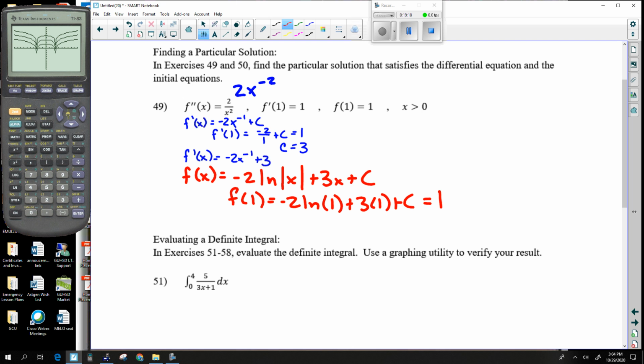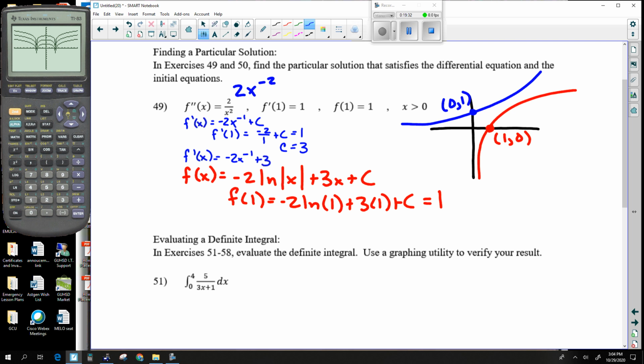The thing about a picture of an ln, the picture of an ln looks like this. Again, this has a point of 1, 0, just like an e. It's the opposite of an e, which has a point of 0, 1 kind of idea. And so this is a 1, 0. So if you plug a 1 into an ln, you're going to get an answer of 0. So this negative 2 ln of 1 is 0.